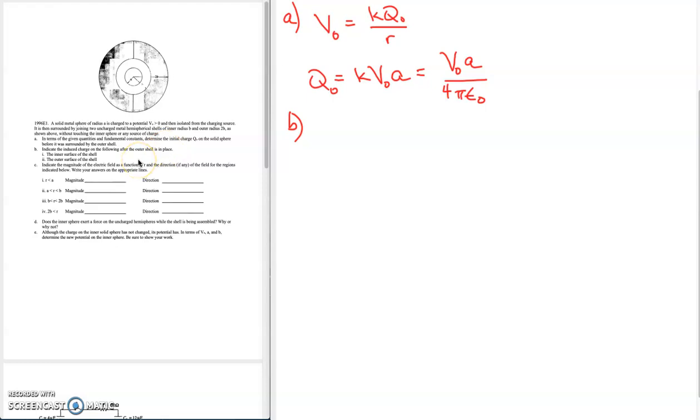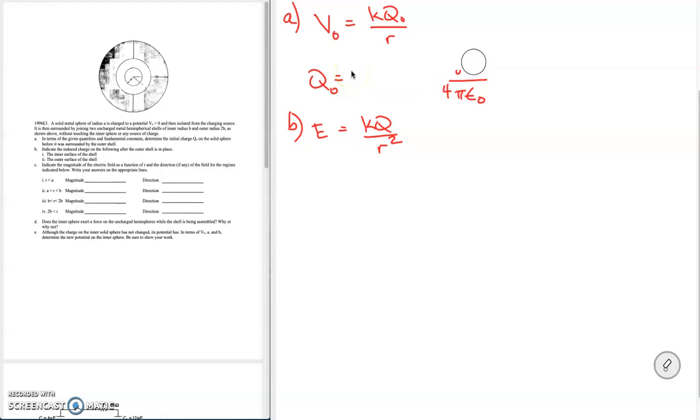All right, B. That one has 4 parts. Magnitude of the electric field as a function of r for the regions indicated below. Now, the electric field from a point charge is going to be kq over r squared. And in this case, q is going to be this stuff. Oh, whoops, I can't do basic algebra.